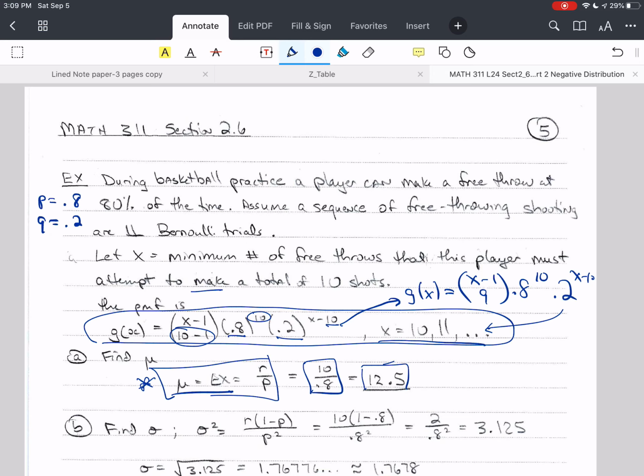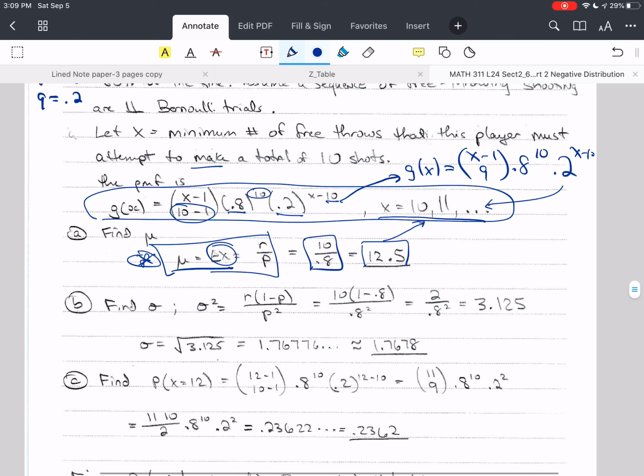Now notice that this is in the range of X, and it should be. Remember that the mean is the expected value of X, so the expected value of X should be a value that X can take. If it's not, there's a mistake. You may have written the formula wrong, you may have plugged into the formula wrong, you may have hit the bad key on your calculator, something went wrong.